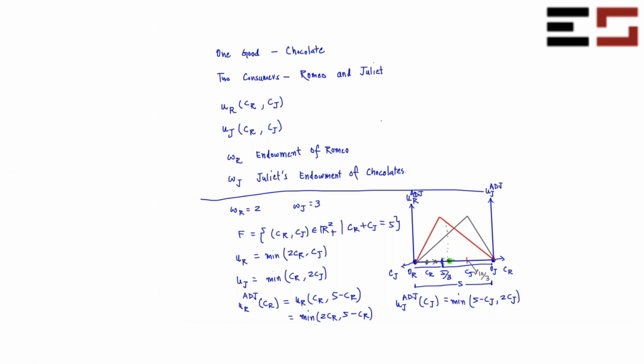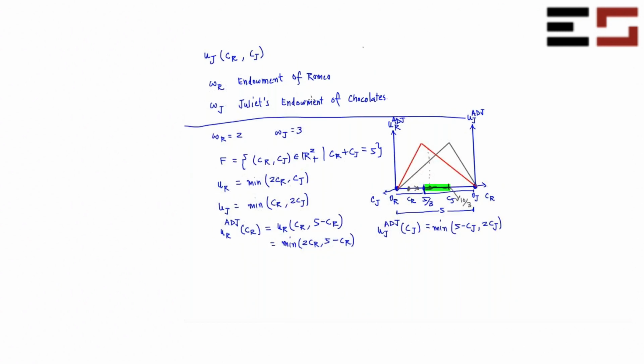And not just this point, all these allocations are Pareto efficient because of the same logic. Make sense? Have you all understood this? Okay, so now you can just write the set of all Pareto efficient allocations in this way.